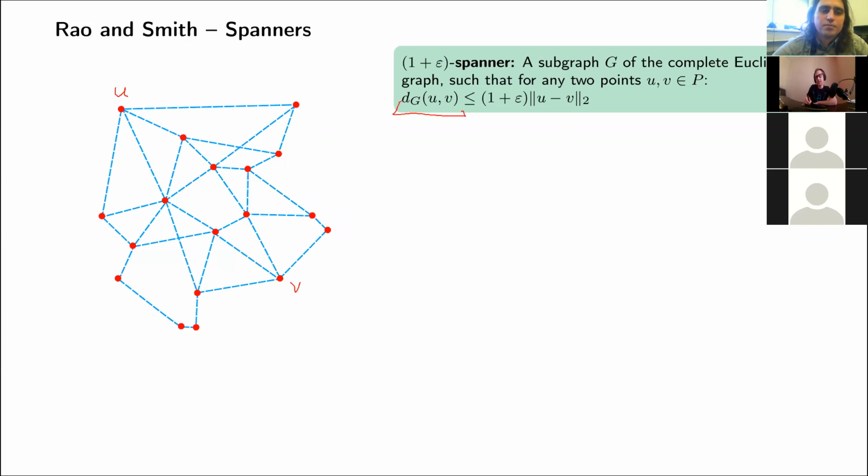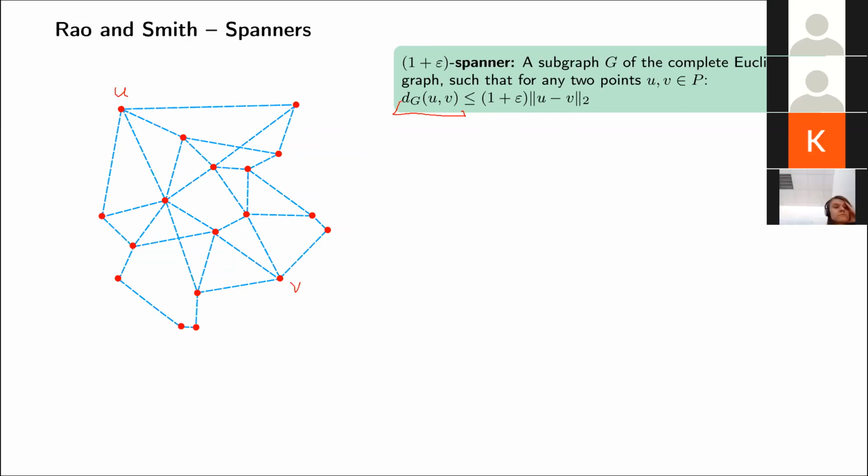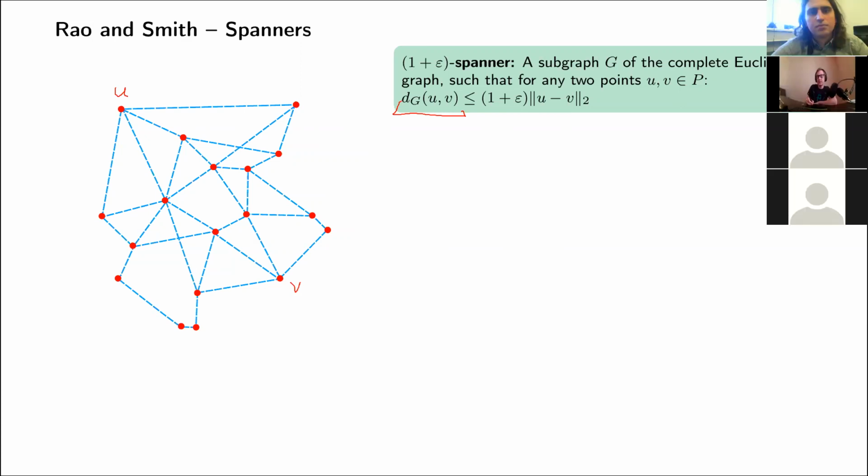So that you can look only at the edge distance in this graph G of the spanner to have a good approximation of the real distance. And what's important is that this is a subgraph of G. So there are no new Steiner points in this spanner. It just uses as vertices the original vertices of your instance.